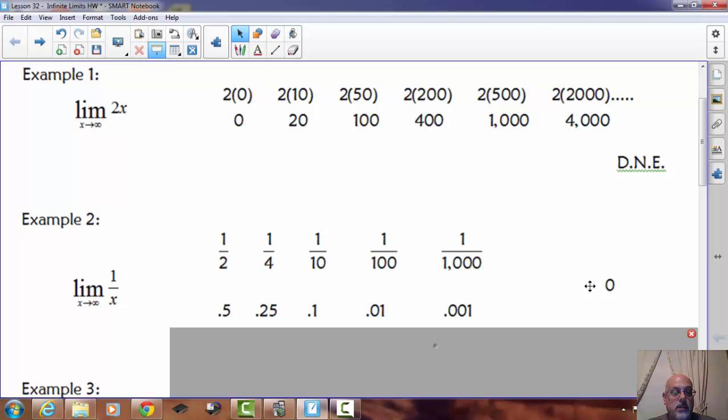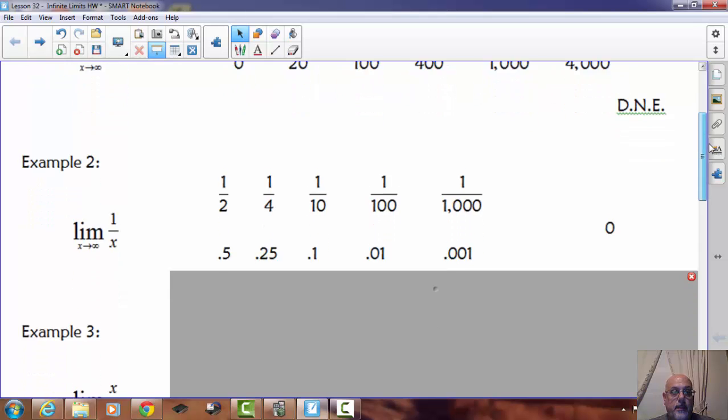As x increases, y is decreasing and approaching the x-axis, which is y equals 0. It'll never hit the x-axis, but it wants to attain a value of 0, and that's why the limit of this function is 0.